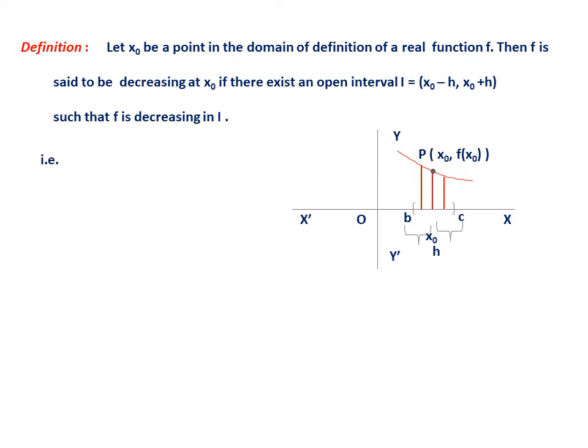So the condition is there exist x1 and x2 such that x1 is less than x2, but f of x1 is more than or equal to f of x2. You can see it in the diagram. And same thing, this is decreasing. Strictly decreasing means instead of equality we have to use only strict inequality. So that is the next definition.